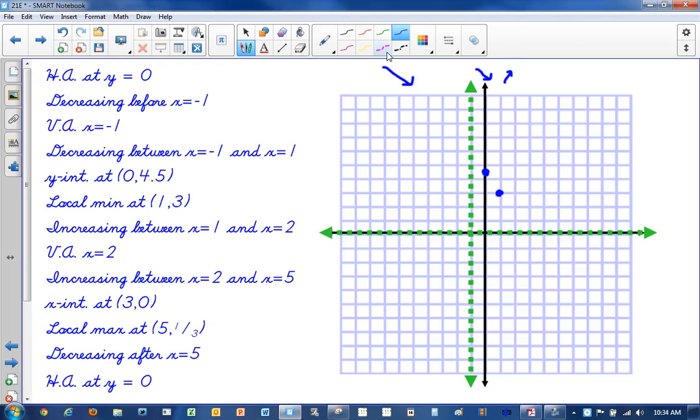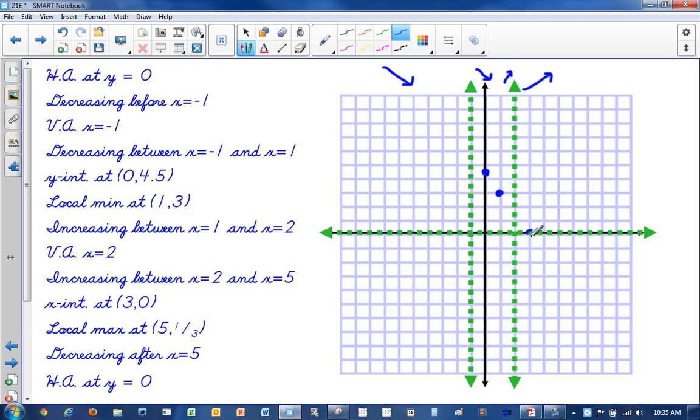All right, then between 1 and 2, I am increasing for just a little bit. And I've got another vertical asymptote at x equals 2. So let me draw the vertical asymptote at x equals 2. Right there. And then I also know that it is increasing between x equals 2 and x equals 5. So I'm increasing again. And there is an x-intercept at 3, 0.